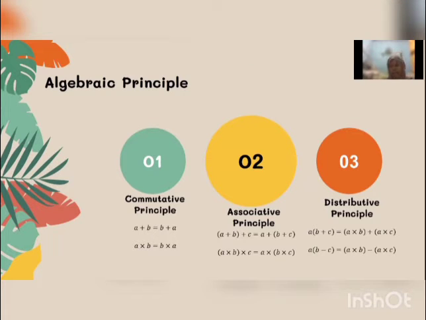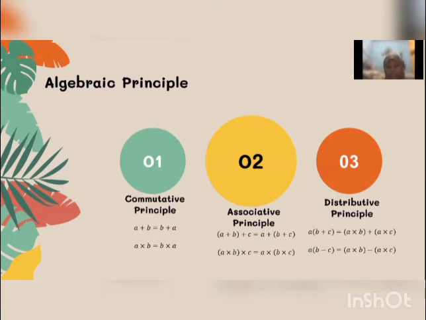Number 2, associative principle. The first, open bracket a plus b close bracket plus c equals a plus open bracket b plus c close bracket. The second, open bracket a times b close bracket times c equals a times open bracket b times c close bracket. Number 3, distributive principle.